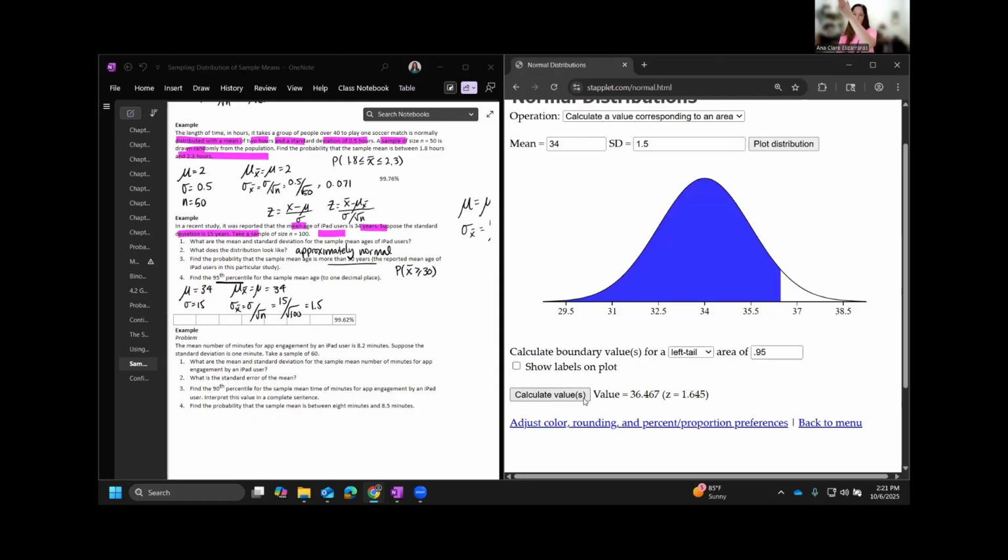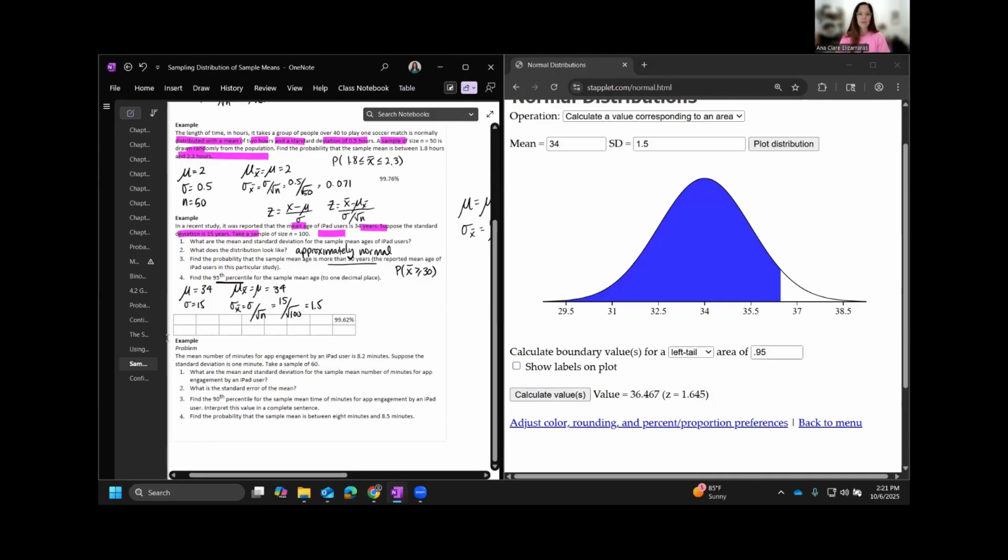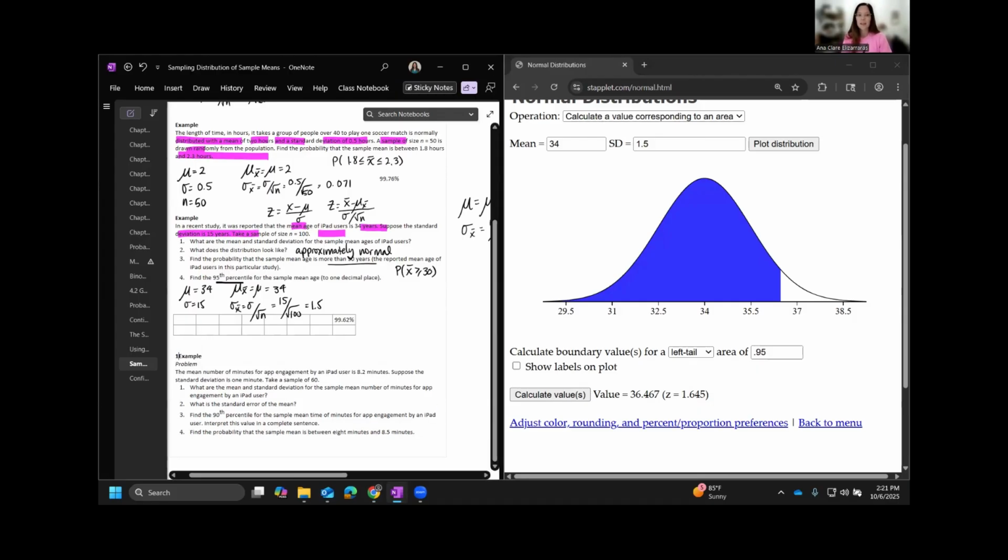So I'm calculating, that means this value of 36.467, that's the age that 95% is equal to or less than. So here, I know that the 95th percentile for the sample mean is 36.467, so 36 and a half years. 36.467 years.